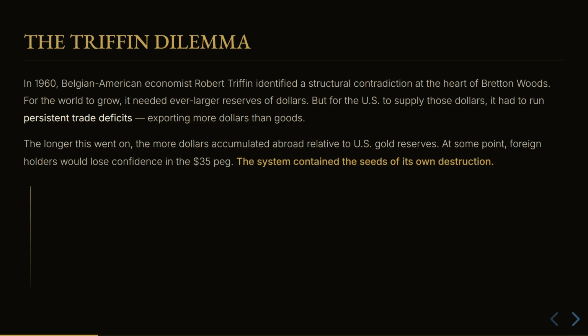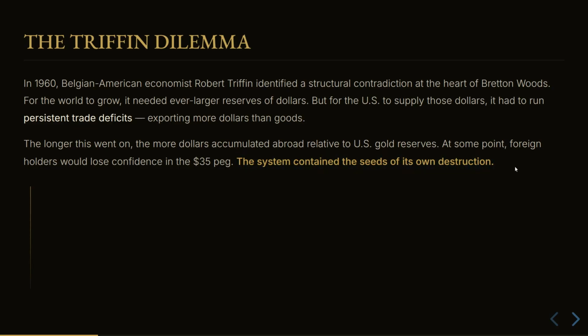The longer this went on, the more dollars accumulated abroad relative to US gold reserves. At some point, foreign holders will lose confidence in the $35 peg. The system contained the seeds of its own destruction.